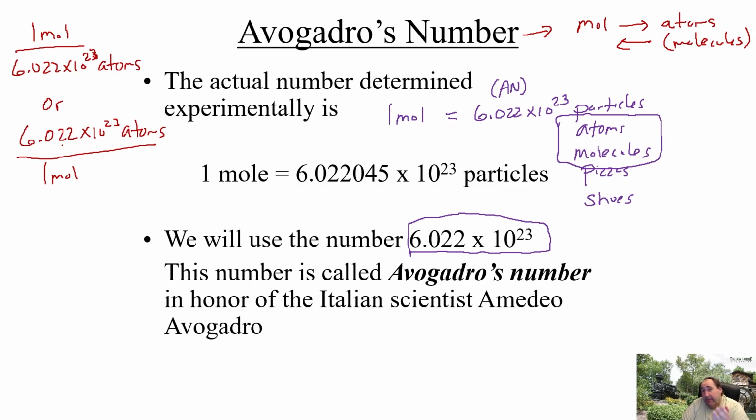Alternatively, if you are looking to solve a problem for something like atoms or molecules, then also Avogadro's number should be used. If there's really no mention of atoms, molecules, particles, those types of things, you pretty much should leave Avogadro's number on the side.